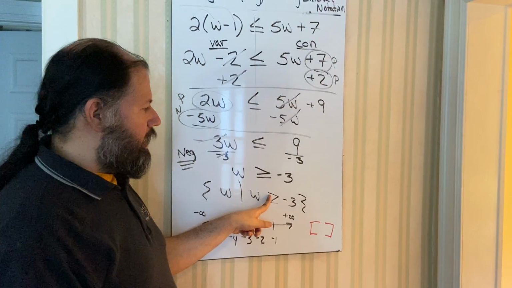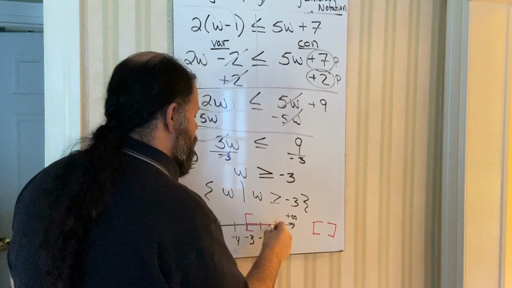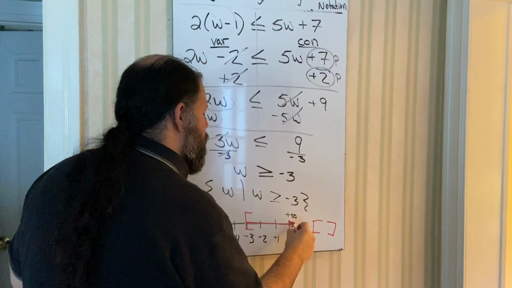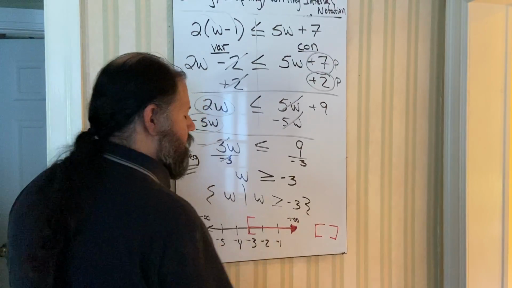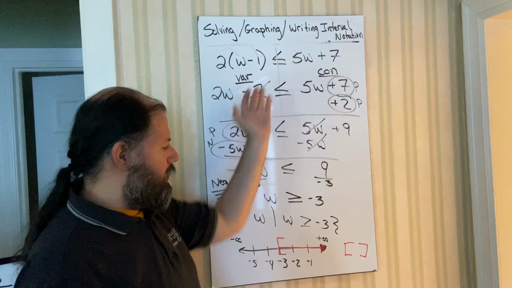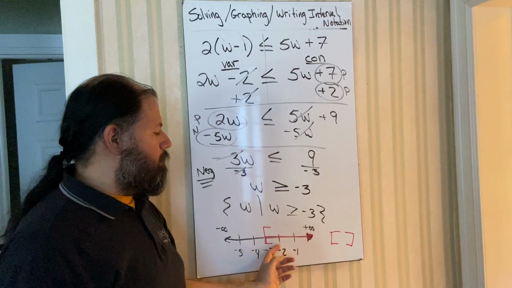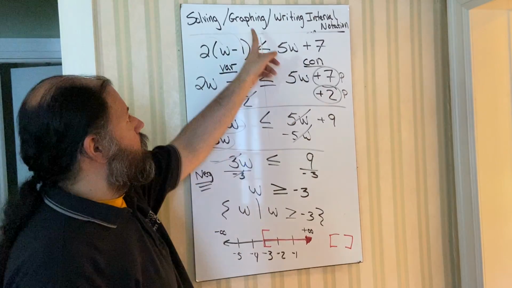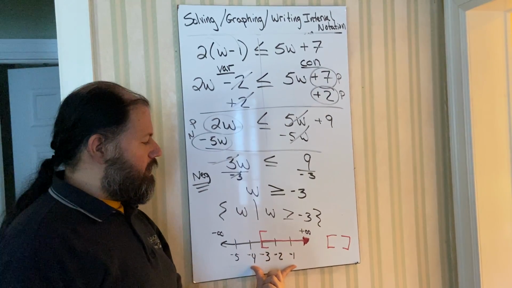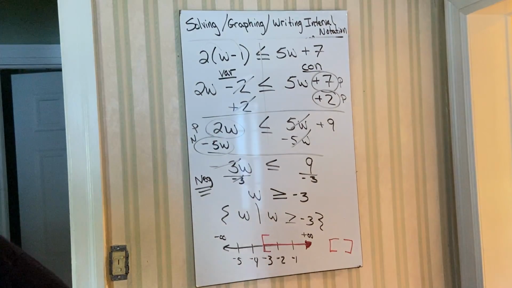And because I want it greater, shade towards the positive. So it's not because the original problem was a less than, it's because when I solved it, I had to switch the inequality symbol, it became a greater than. So graphing is here. And now interval notation, the last part.